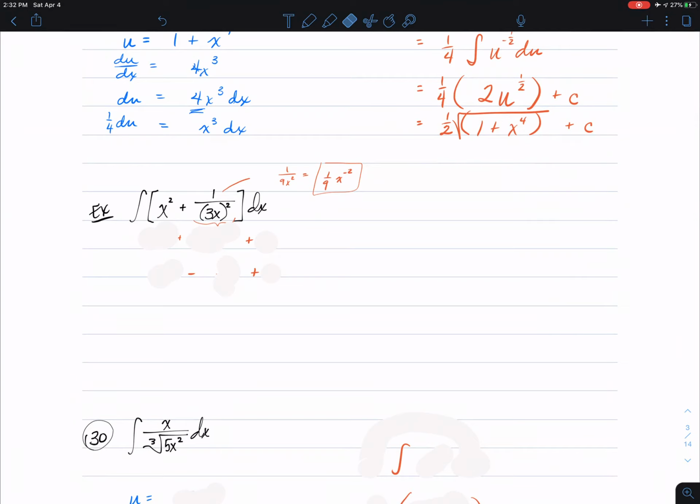This way, the way I'm doing it is just fine. So the integral of the x squared piece is going to be 1/3 x cubed. And then the integral of the 1/9 x to the negative 2nd piece is going to be a negative 1/9 x to the negative 1st. Don't forget your constant. And then at this point, I really didn't do a whole lot of work other than clean up what was already there.